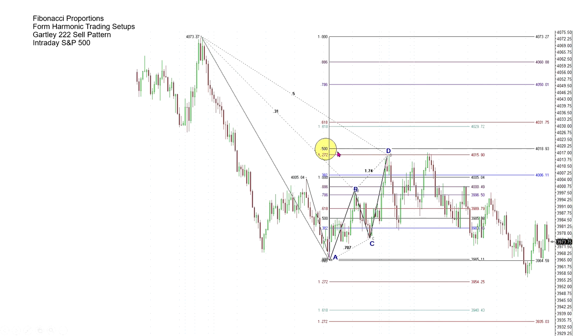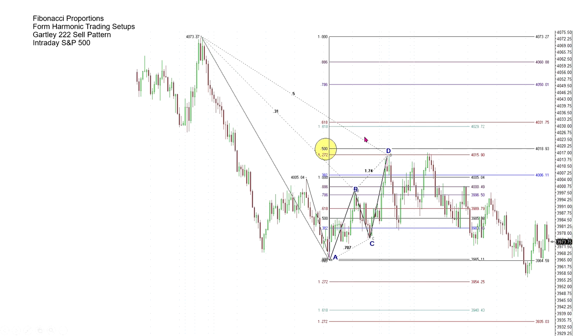We have a 0.50 retracement, and we have a 1.27 using this swing here. So we had a swing to the upside, it completed, another leg to the downside. So we take this high and we can take the extension, the 127, and we have the C to D leg coming in right here.